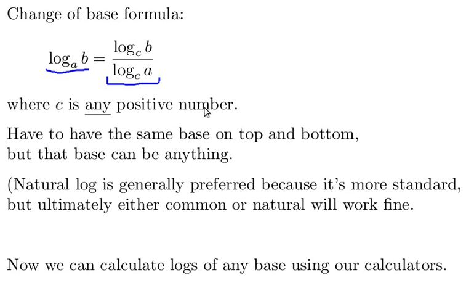So that means if we have, I'm going to write this out here, log base 2 of 5, well, we can't compute that by hand. I mean, that's really bizarre. What power of 2 is going to give you 5?